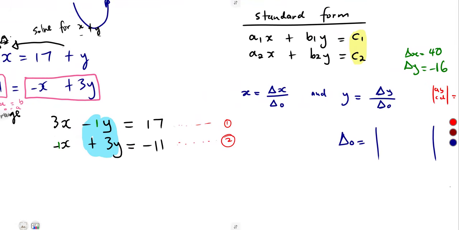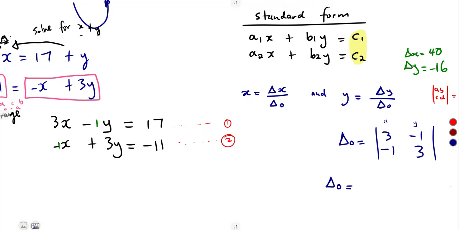So in our case, for x, 3 and negative 1. Then for y, minus 1 and positive 3. The constants are not included. They are not to be replaced anyway. So this is your delta naught.